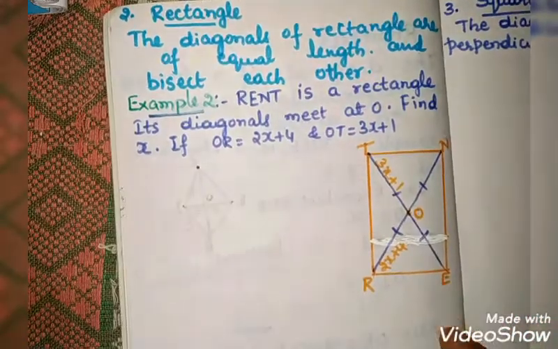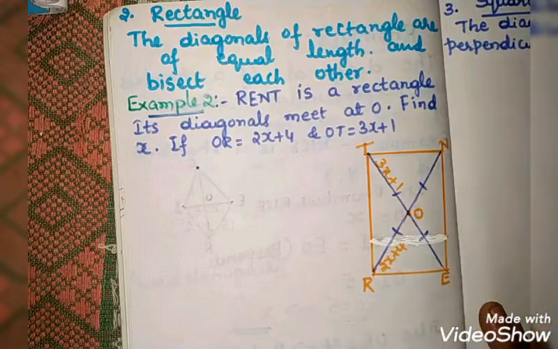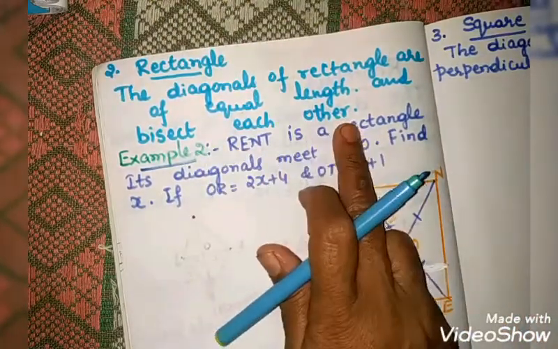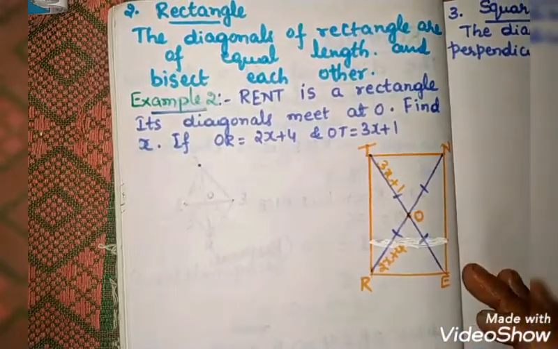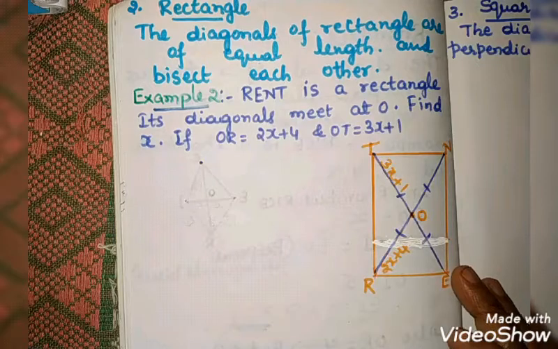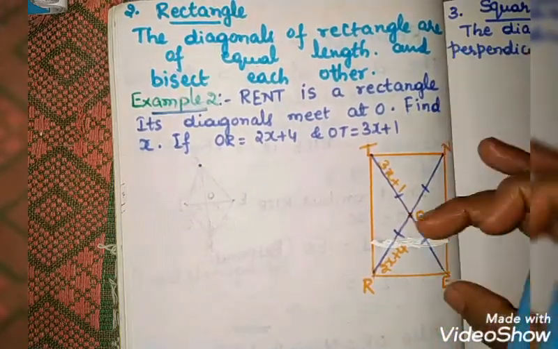Here, which are the diagonals? Can you tell me? ET and RN are the diagonals. They are equal and bisect each other, children. They bisect each other also. The diagonals are equal and when two diagonals are drawn, they bisect each other. So, RO is equal to ON, OT is equal to OE.